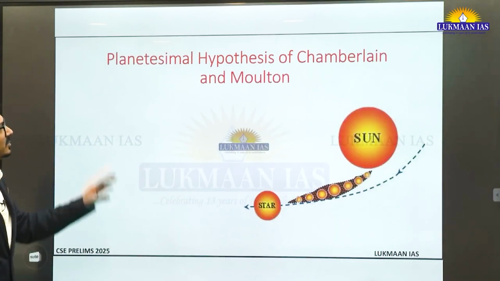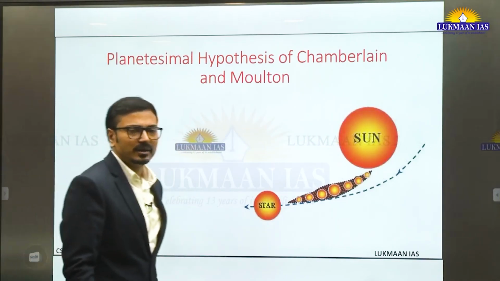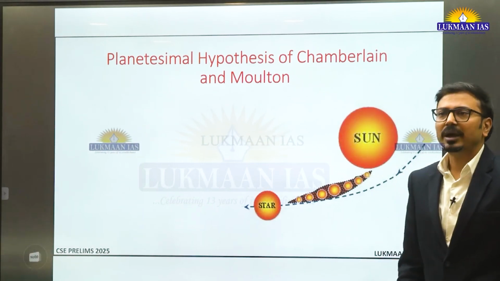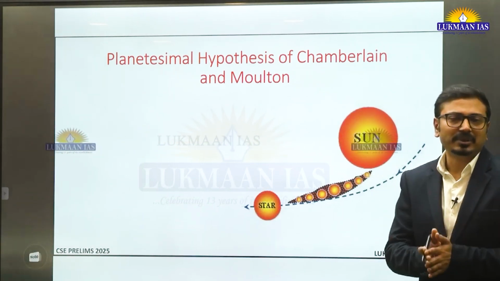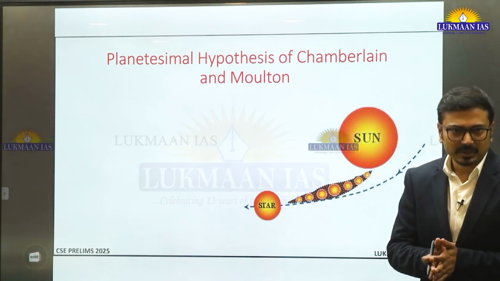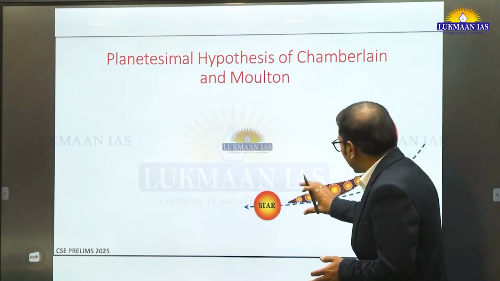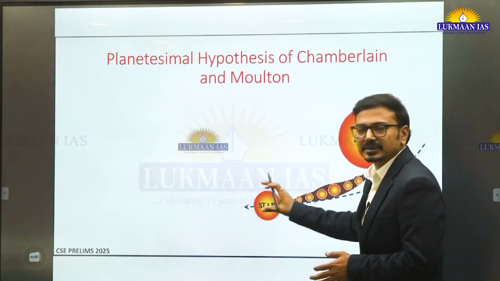Now the second theory is by Chamberlain and Moulton, and it is the binary star theory. According to this theory, the present solar system is formed because one star actually moved from near the sun.